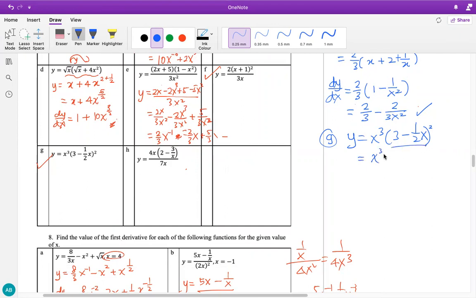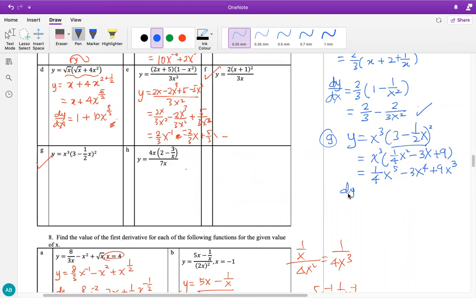This part you expand, so you get 1 over 4 x squared, and then plus, already you get minus 2 times half, 2 times negative half is negative 1 times 3, negative 3x, and then plus 9. Then you multiply, so you get 1 over 4 x to the power of 5 minus 3x to the power of 4 plus 9x cubed.